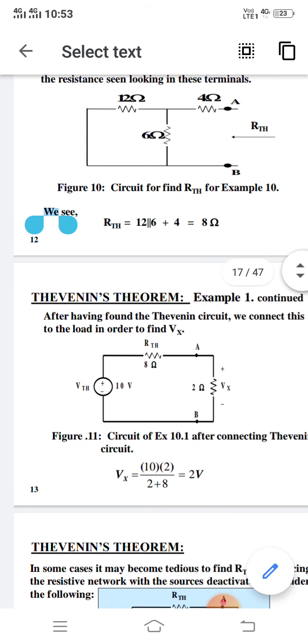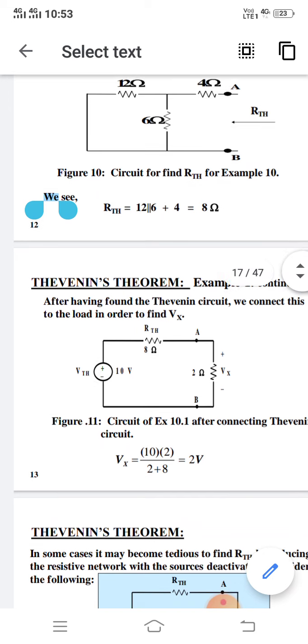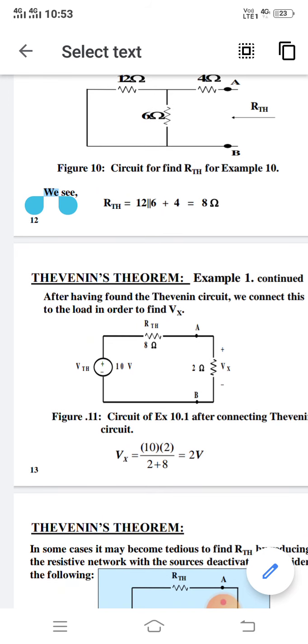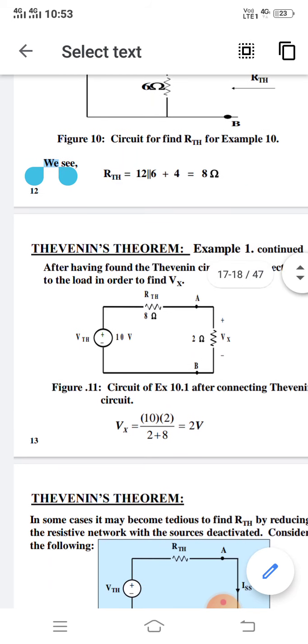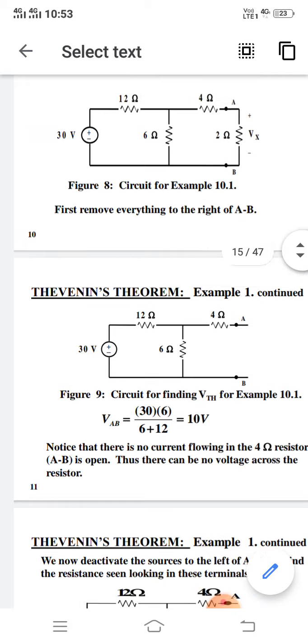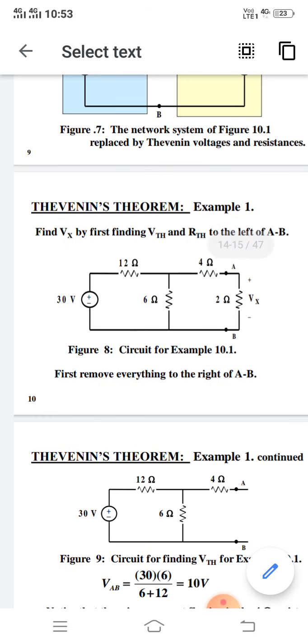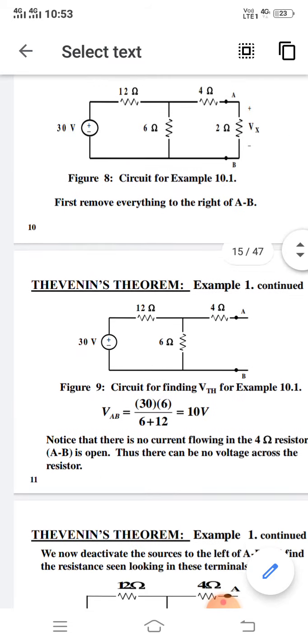Now we put Vx equal to the 10 volt source in parallel with the 2 ohm resistance. So 10 times 2 divided by the total resistance, 2 plus 8. Simplifying this Vx equation, we get the value across the 2 ohm resistance. The given problem is solved with the help of Thevenin's theorem rules.